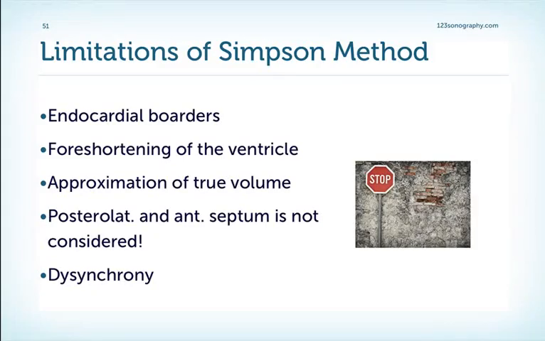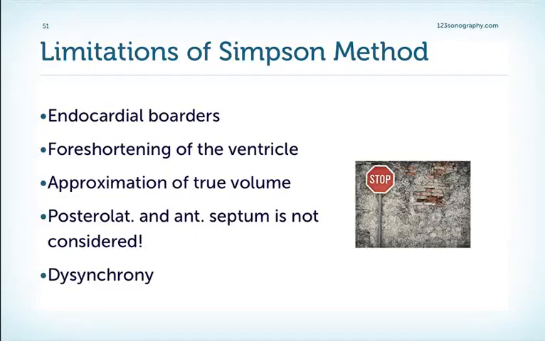What are the limitations of the Simpson method? It might be difficult to find the endocardial borders. The volumes itself sometimes might not be correct because we have foreshortening of the ventricle. However, this is true both for end systole and diastole, so this kind of evens out.